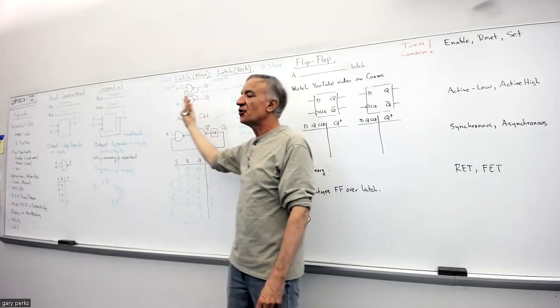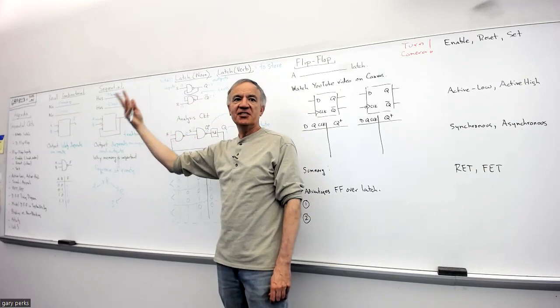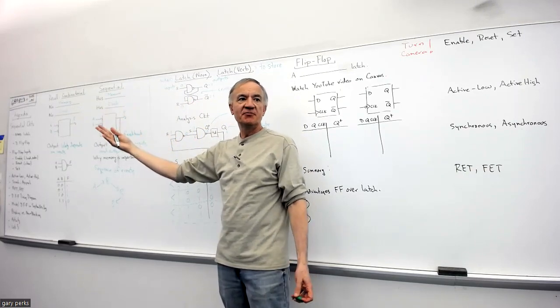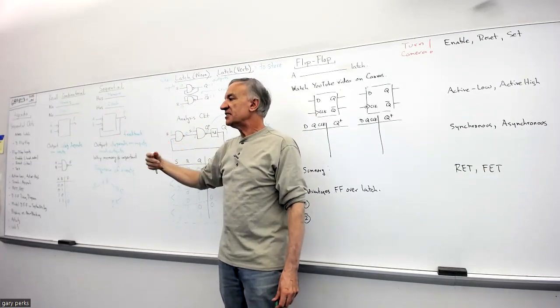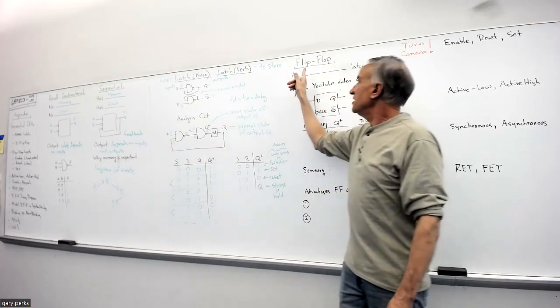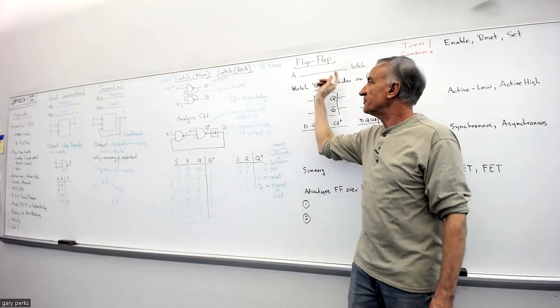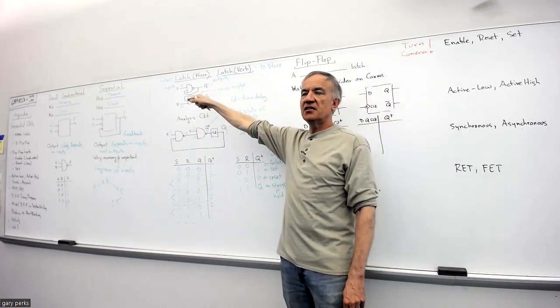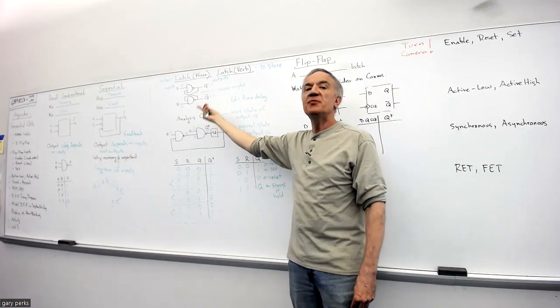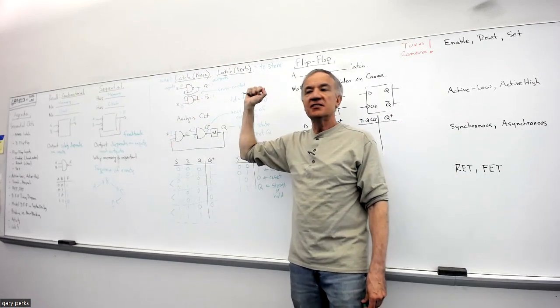It was the first circuit that was able to exhibit memory. There have been improvements since then, and one of the improvements is a device called a flip-flop. A flip-flop is an improvement over just the latch.